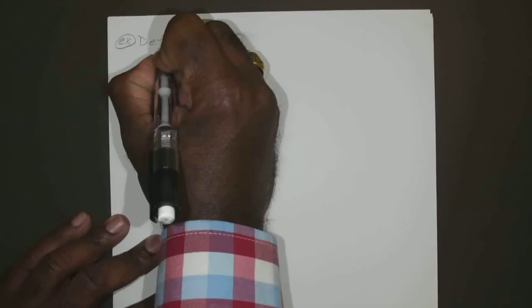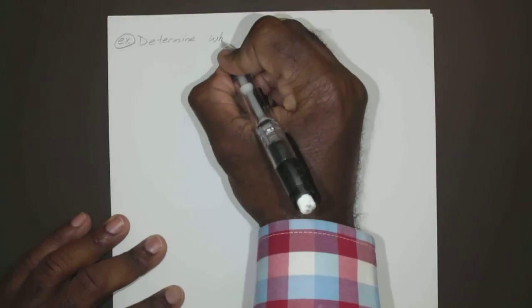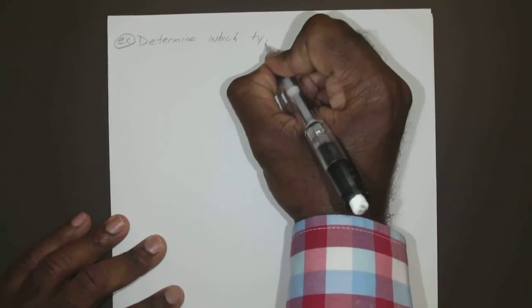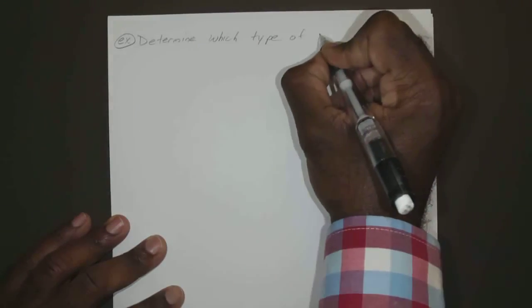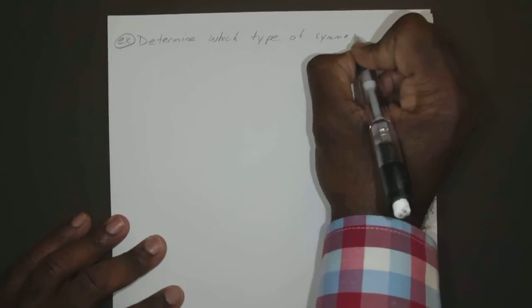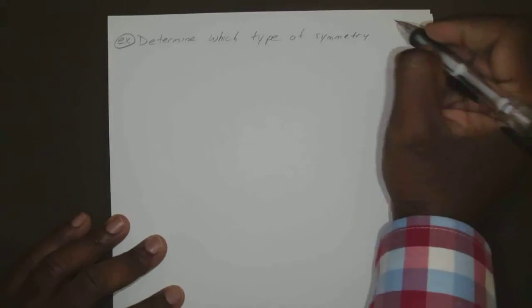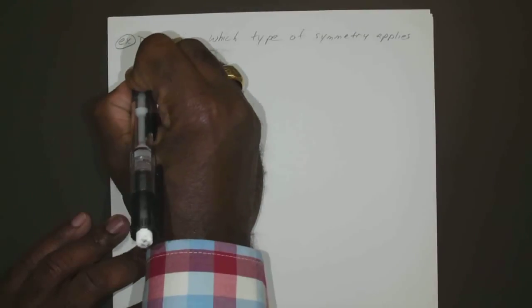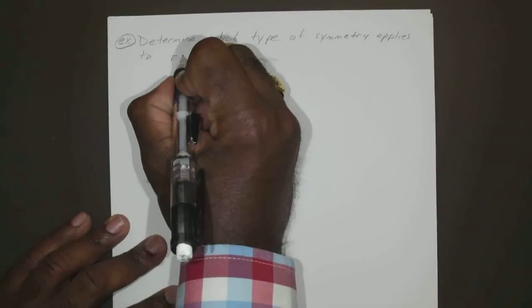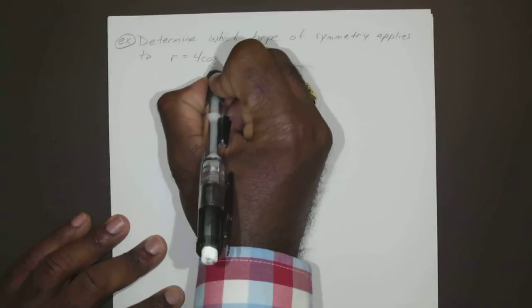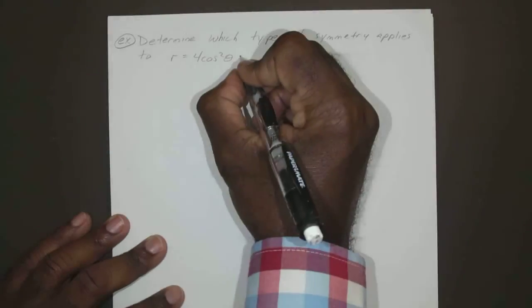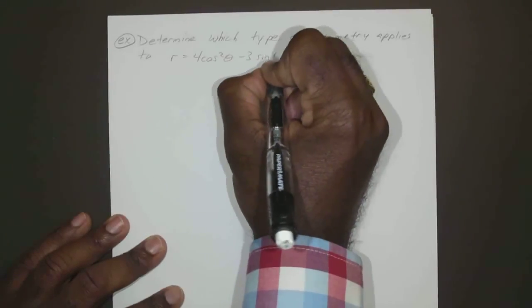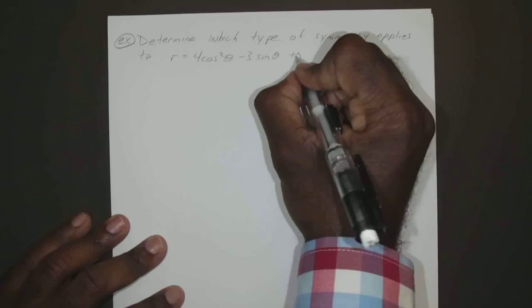So what if we wanted to determine which type of symmetry applies to r equals 4 cosine squared of theta minus 3 sine of theta plus 5 theta.